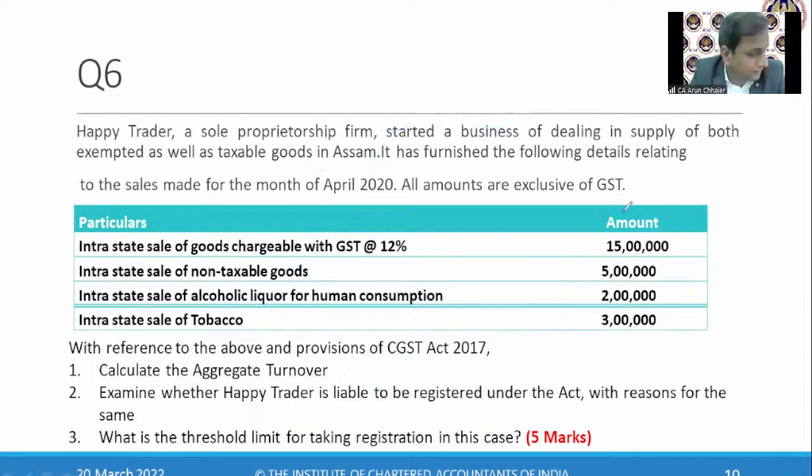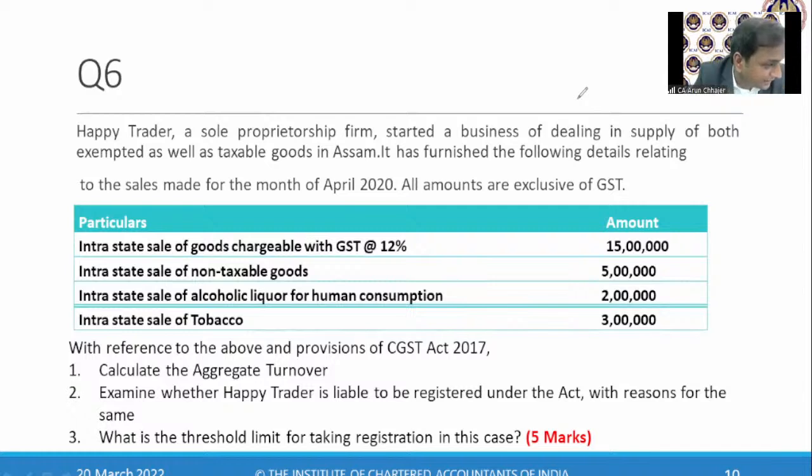Will the 40 lakh be applicable in this case? Still not satisfactory answer.